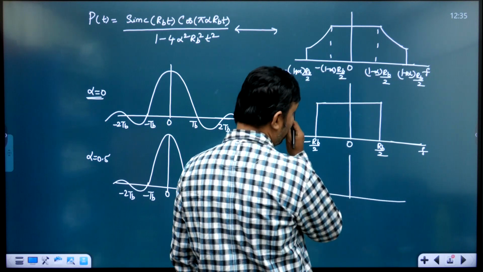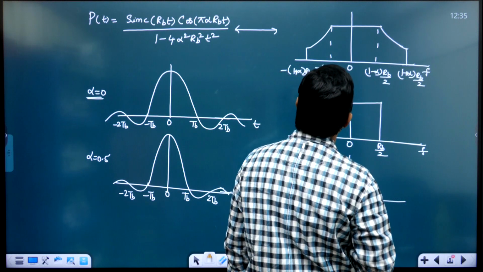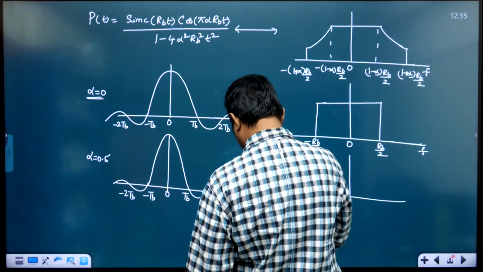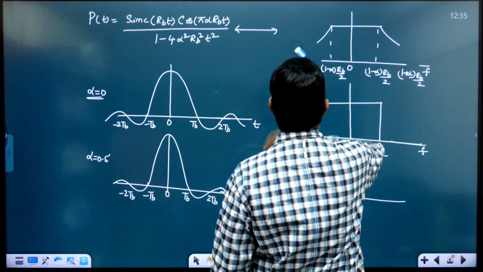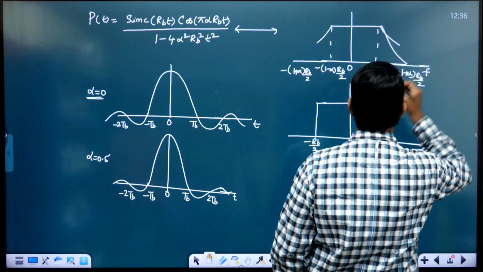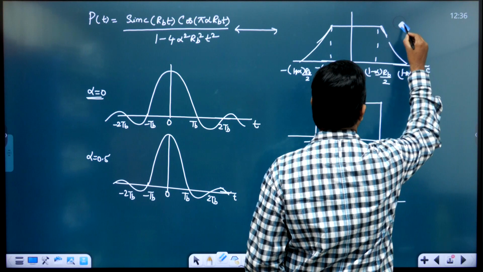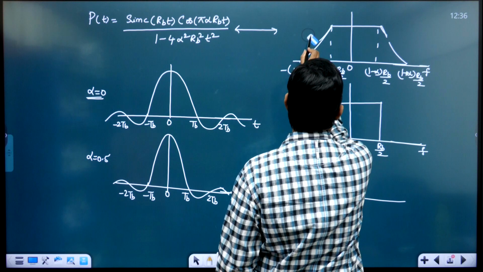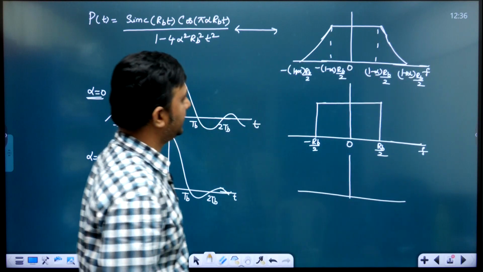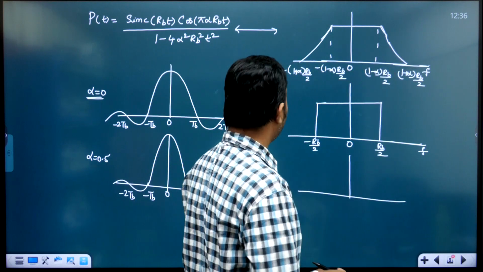It has this kind of shape. So if alpha is equal to 0, these two will combine. If alpha is equal to 0.5, what will happen?